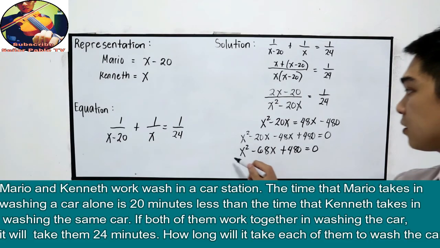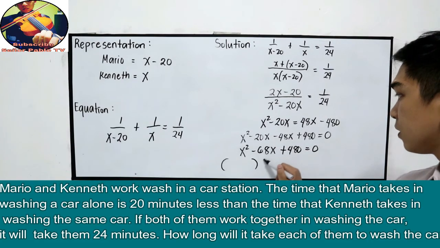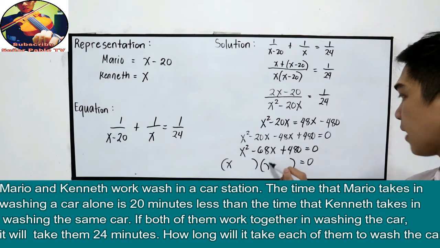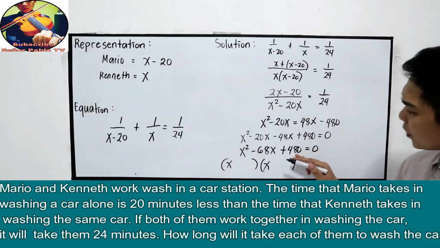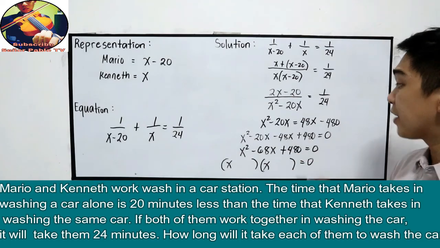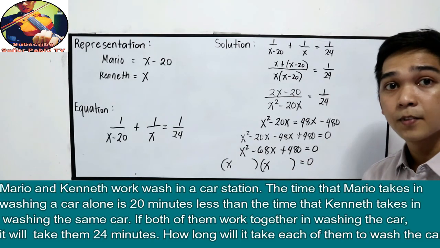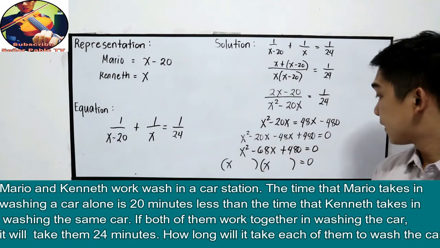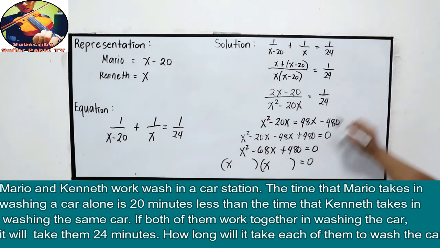Now, factor out. So, it's equal to 0, x and x. Factors of 480. Dapat, ang sum niya is 68.